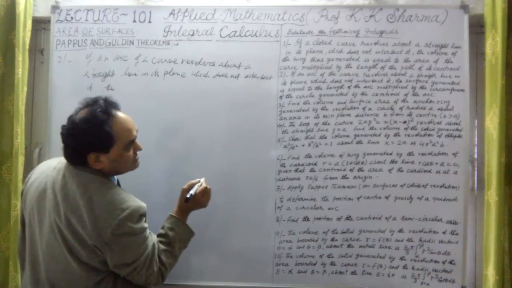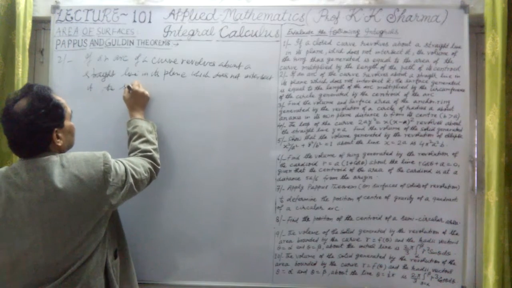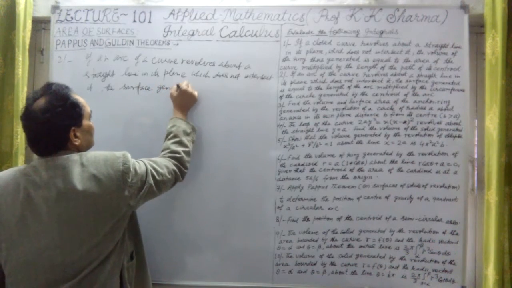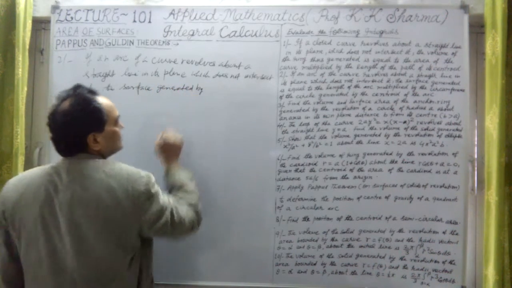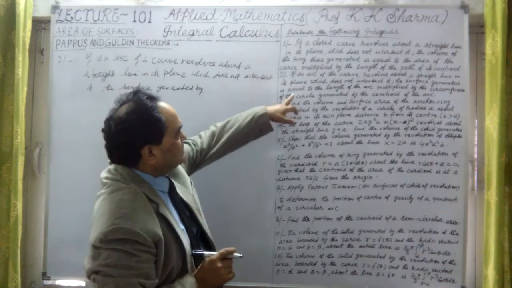then the surface generated by revolution of this arc about the straight line is equal to the length of the arc multiplied by the circumference of the circle generated by its centroid. Simple.